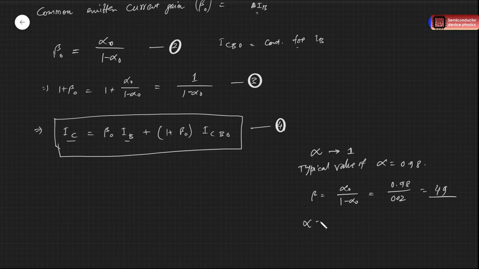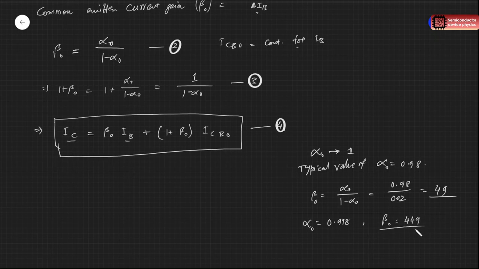Now if you take an alpha naught much closer to 1, let's say 0.998, then the beta naught, if you calculate, will be 499, right?